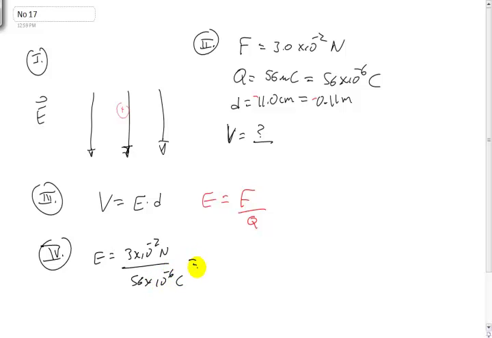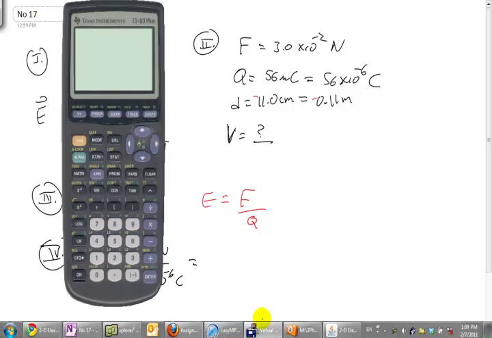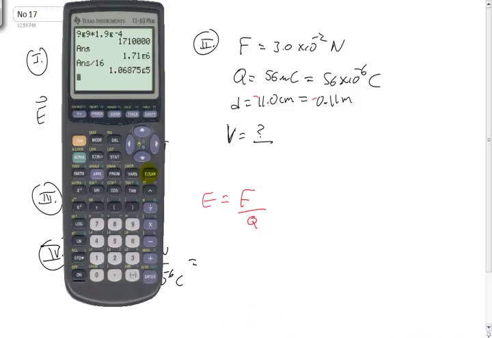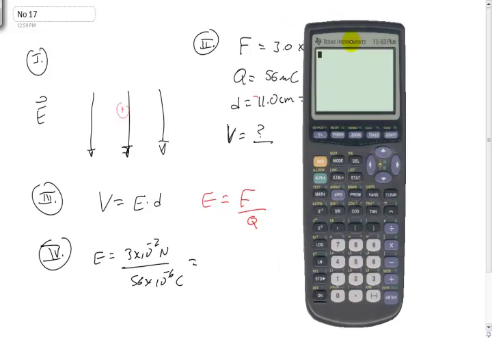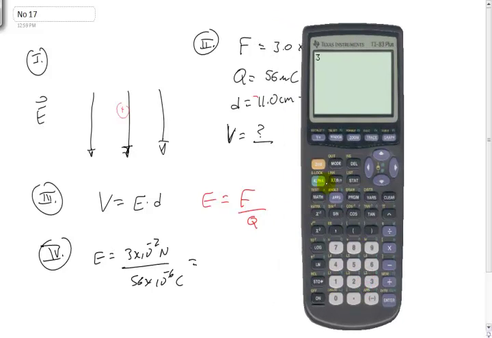So let's get out our calculators, and we'll go ahead and plug and chug. If I put in 3 times 10 to the negative second, divide that by 56 microcoulombs, that's 10 to the negative 6, I get 5.36 times 10 to the second.